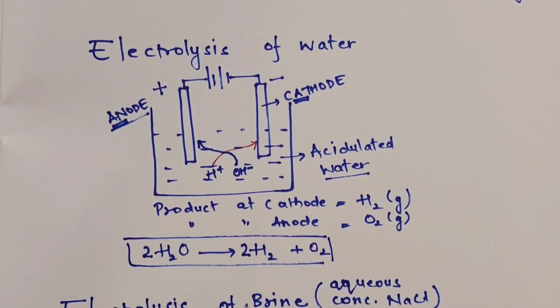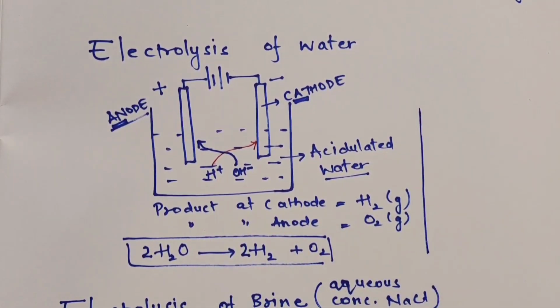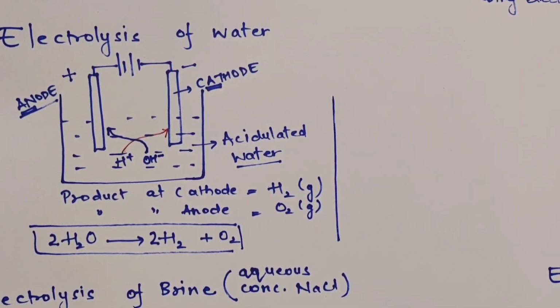Now it's very clear that the amount of hydrogen produced is double the amount of oxygen produced. You can see that for every 2 molecules of water, 2 molecules of hydrogen are produced, but only 1 molecule of oxygen is produced. So the question is asked, the ratio of products formed at cathode and anode.